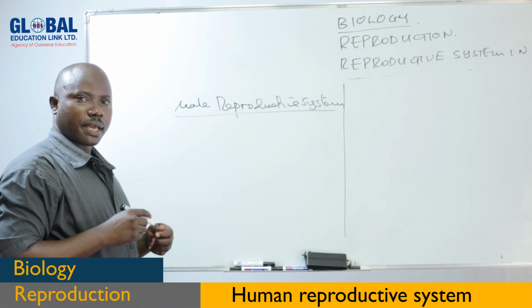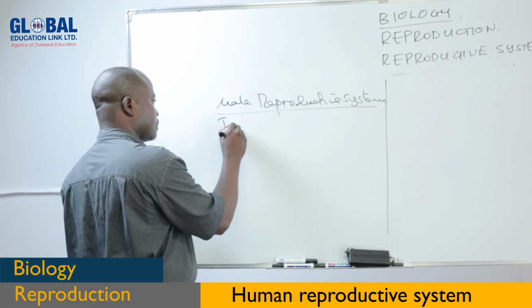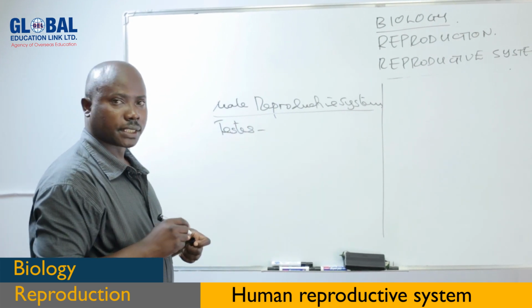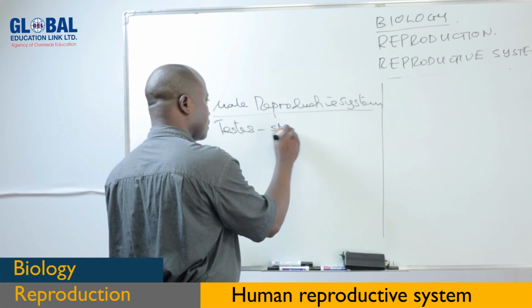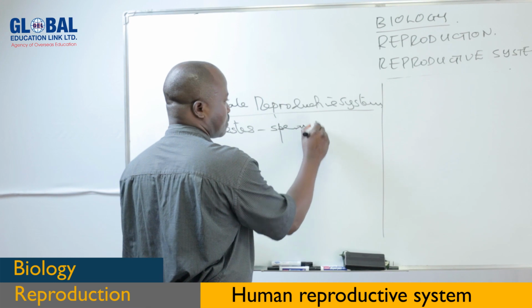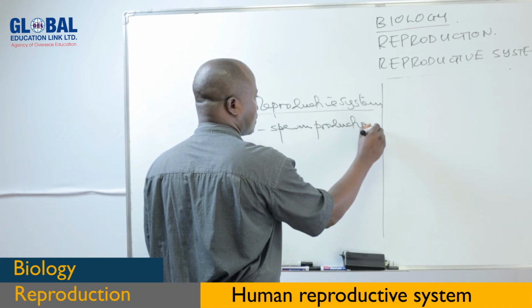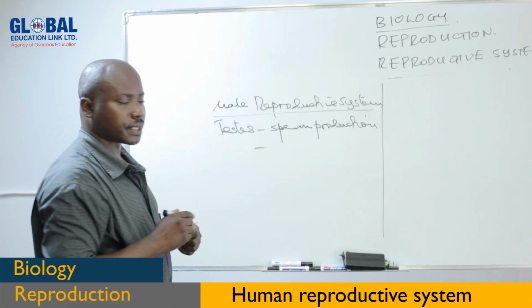The inner part of the male reproductive system consists of testes. Like in female, this forms the site for sperm production, but also production and the secretion of sex hormone.